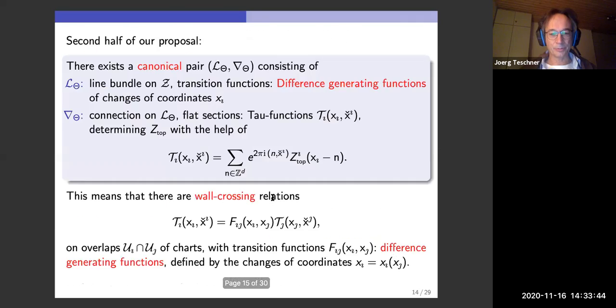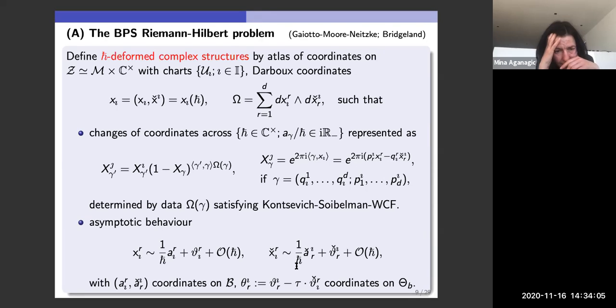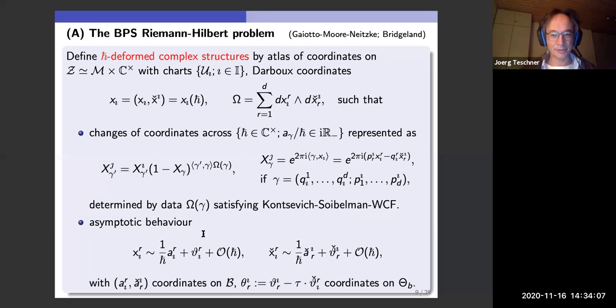Okay, so this is sigma and tau. Let me recall perhaps one thing that is also pretty important for this relationship. Namely, here is the semi-classical, the h bar to 0 behavior of these x and x check, which in the example become sigma and tau. So this is sigma, this is tau. To leading order, we're getting the periods. And this theta here is basically, and here is the precise relation, the coordinates on the torus fiber.